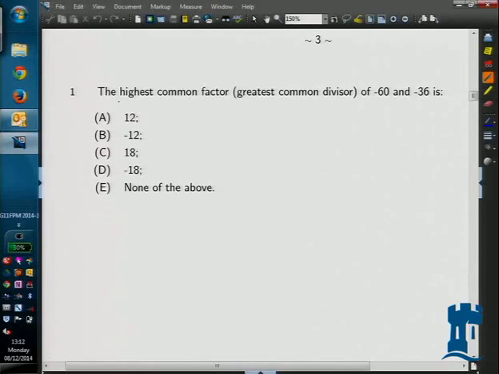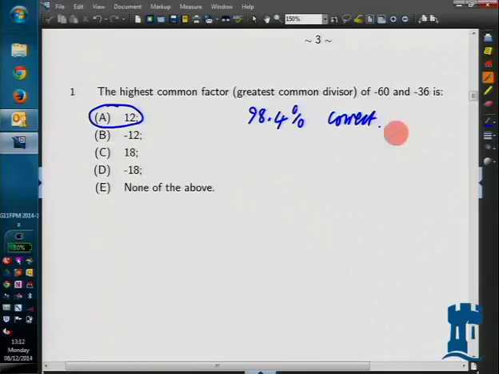So the correct answer is A, 12, and 98.4% of you were correct. Remembering the highest common factor is always going to be a positive factor. So it's got to be positive. So you've got really a choice between 12, 18, and none of the above.